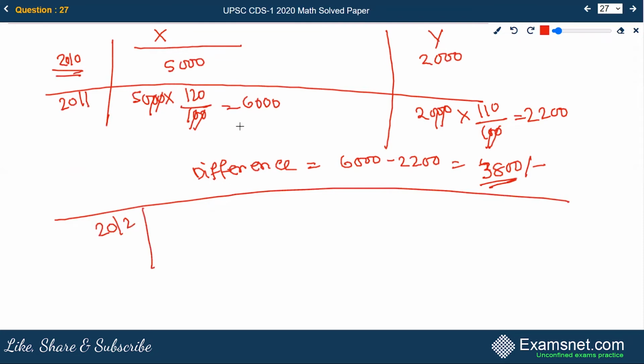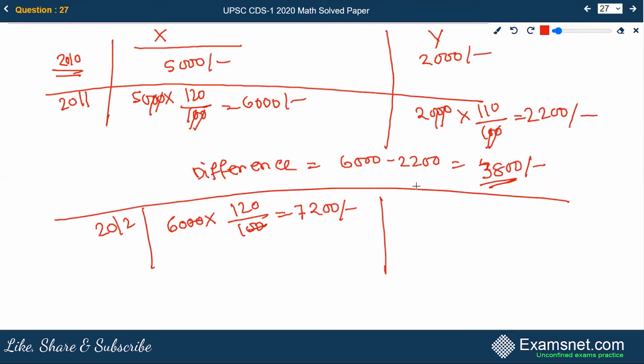Next, let's check 2012. It will be 20% more than 6,000. So 6,000 times 120 by 100 will be 7,200 rupees. And for Y, it is 2,200, and it will be 10% more than that.